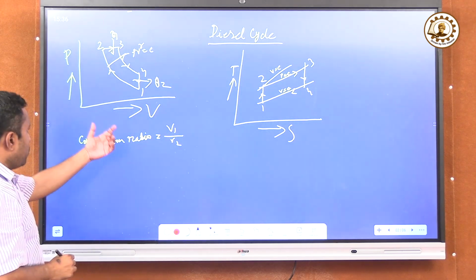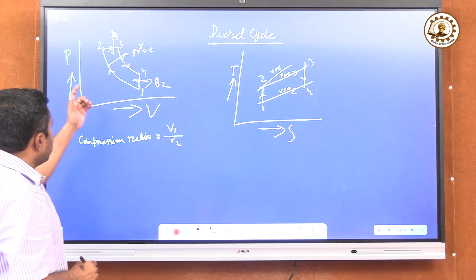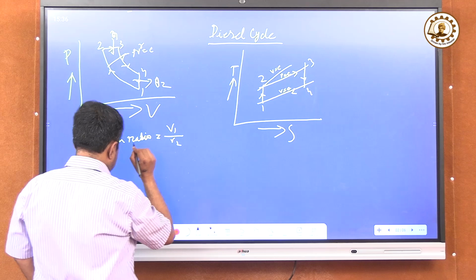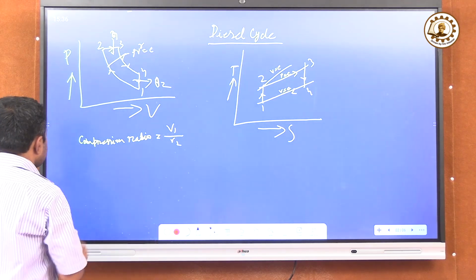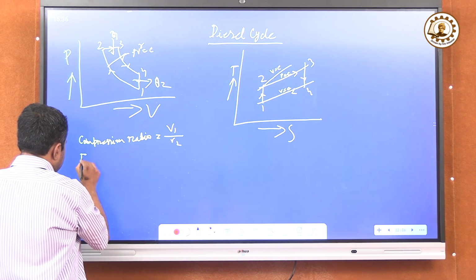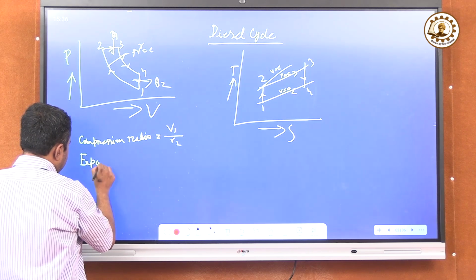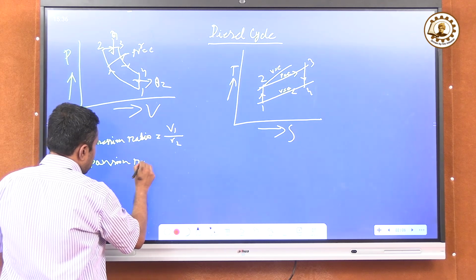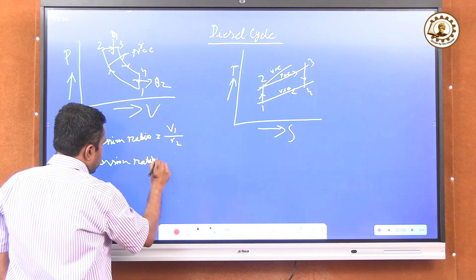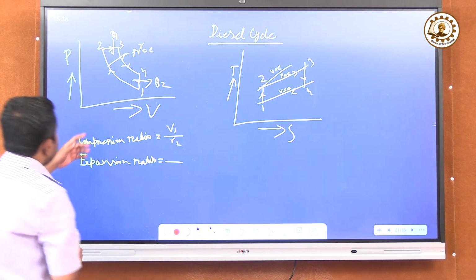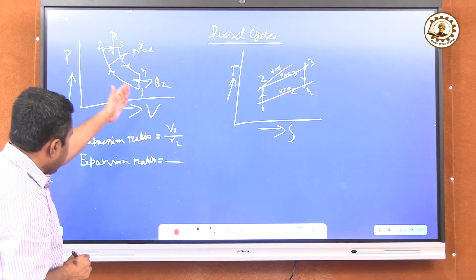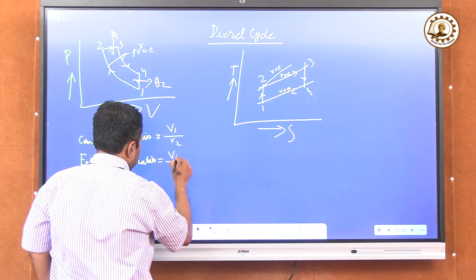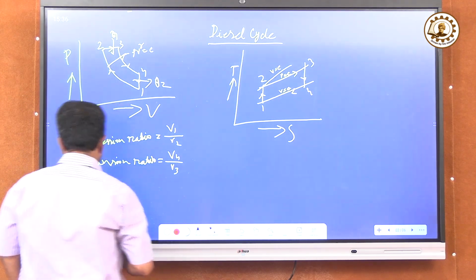That means the volume at the start of the compression process by the volume at the end of the compression process. Another is the expansion ratio, the volume at the end of the expansion by the volume at the start of the expansion, V4 by V3.